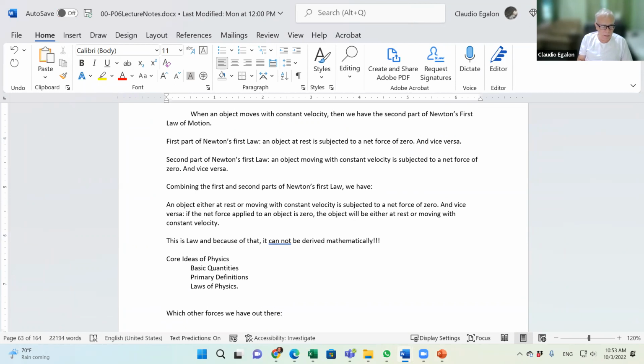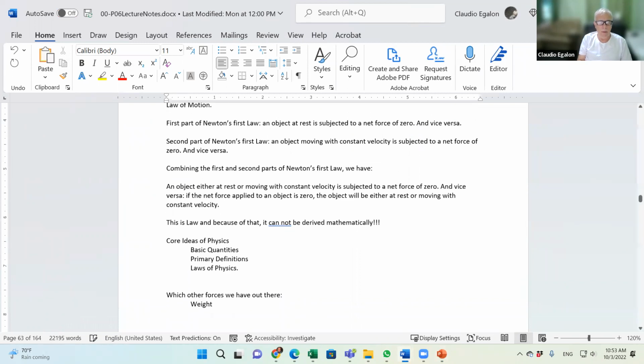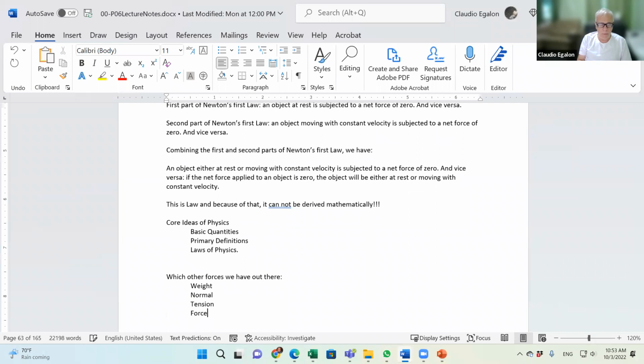So let's start making our list, right? Here you go. Weight, that you have to know, normal. You have to know tension, force of friction, two types of force of friction. And then there are others too.